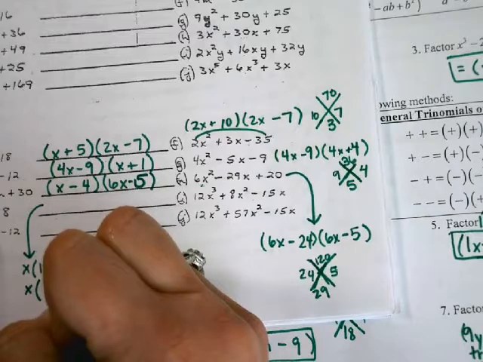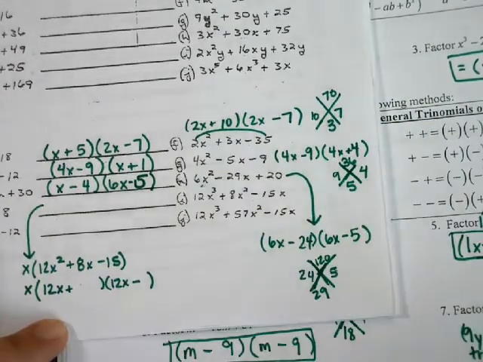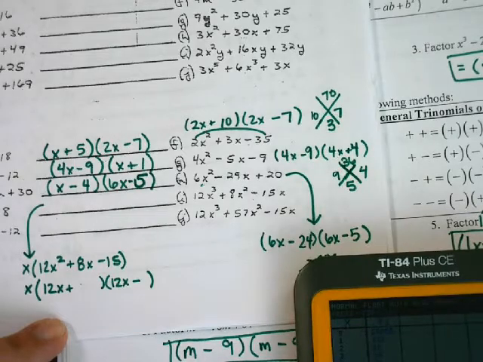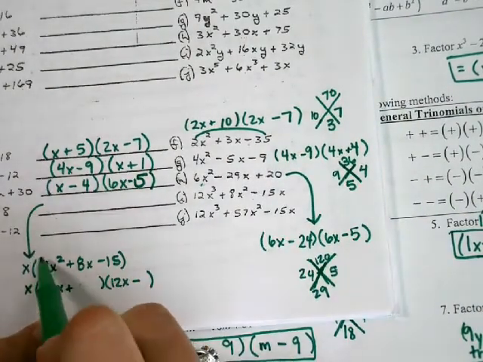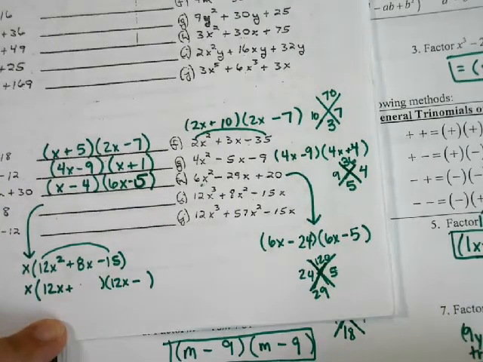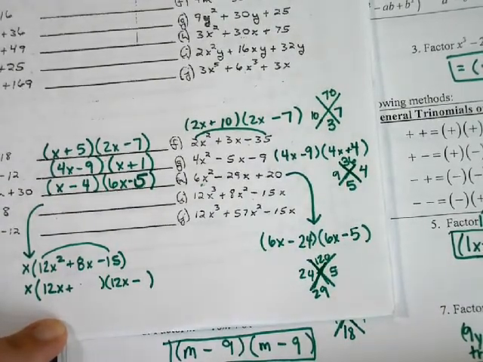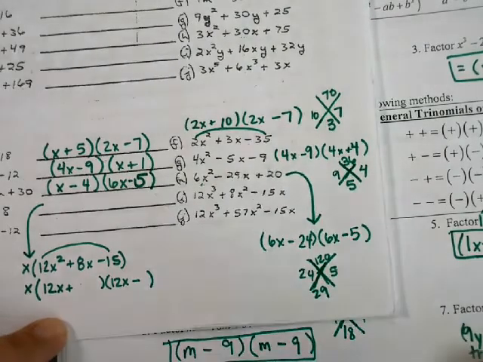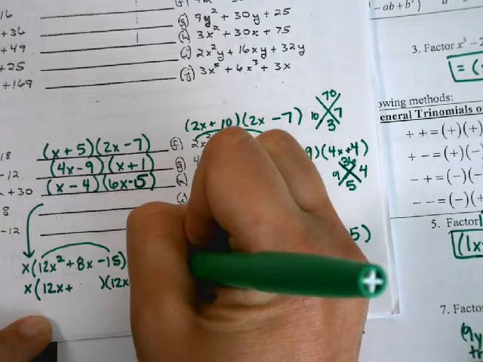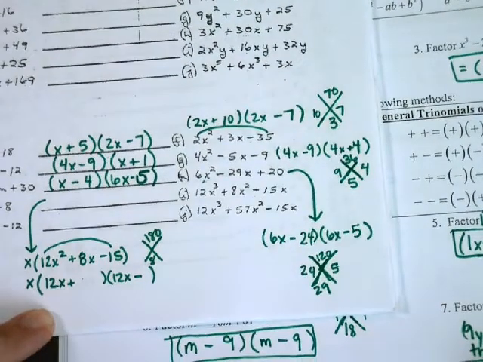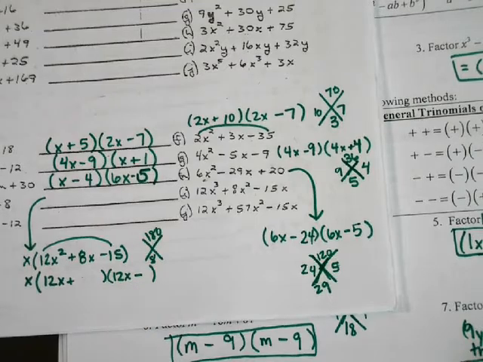So I have 12x plus, 12x minus. Multiply the first and the last. 12 times 15. 180. Multiplies to 180. The signs are different, so it subtracts to give me 8.